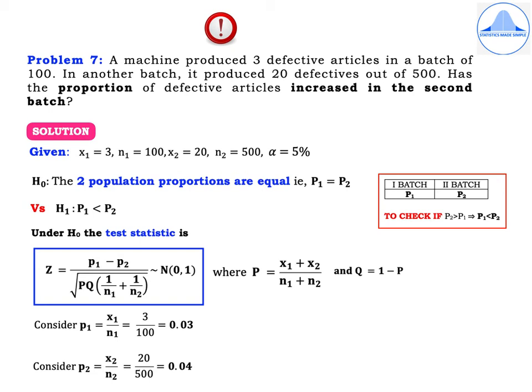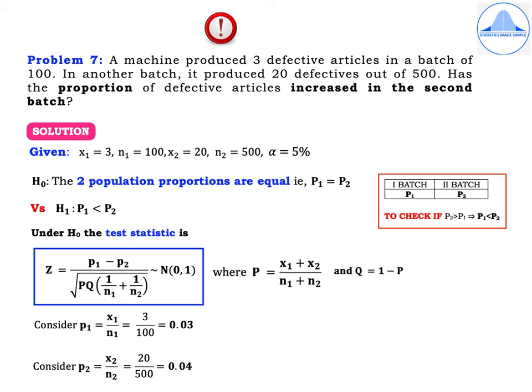The question asks us to check if the proportion of defective articles has increased in the second batch. So we are checking if P2 is greater than P1. But whenever we write, we should write P1 first and then P2. So P2 greater than P1 is nothing but P1 is less than P2. So your alternative will be H1: P1 is less than P2.